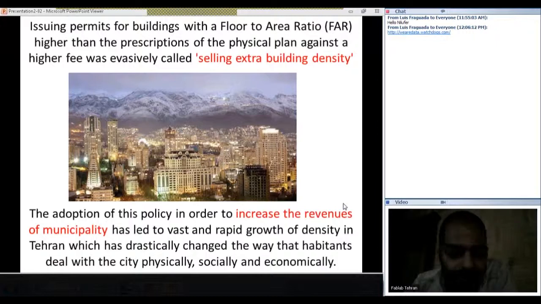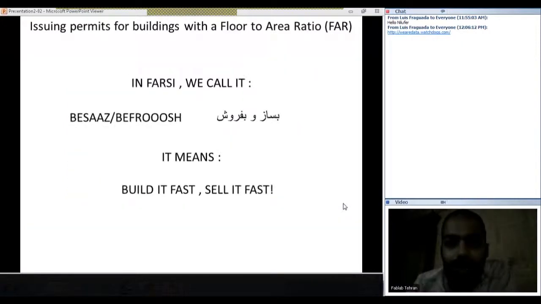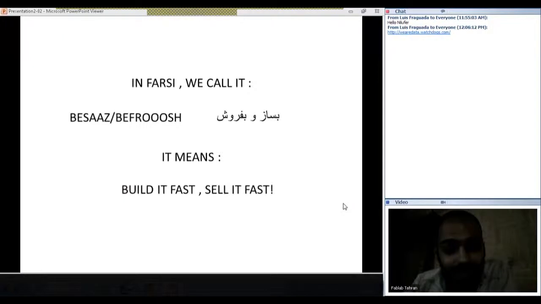On the other hand, some people on the building market are neither architects nor urban designers. The people who are making these buildings in Tehran, in Farsi we call them besaz befush, which means build it fast and sell it fast.